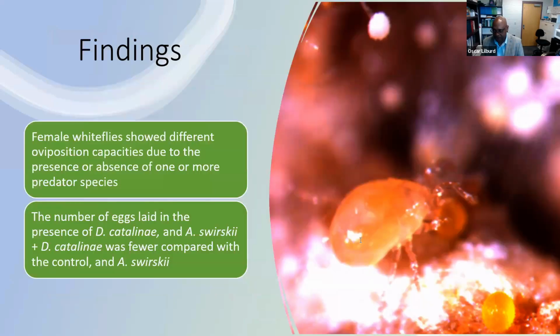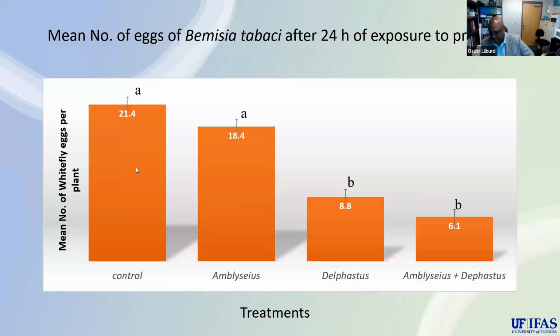The findings here are that the female whiteflies show different oviposition capacities due to the presence or the absence of the predator species. Again, what we saw was that there were differences in terms of the number of whiteflies, with Amblyseius swirskii not performing as well as we thought it would compared to Delphastus.